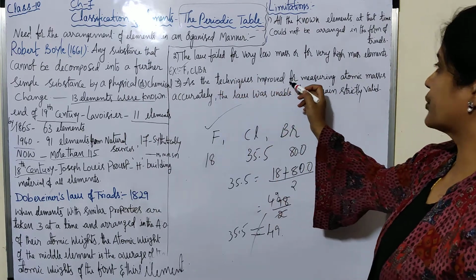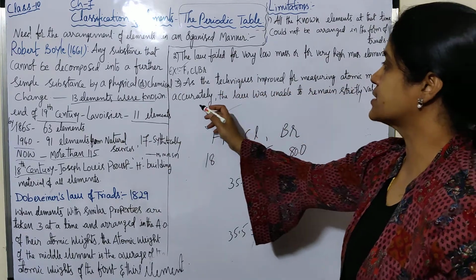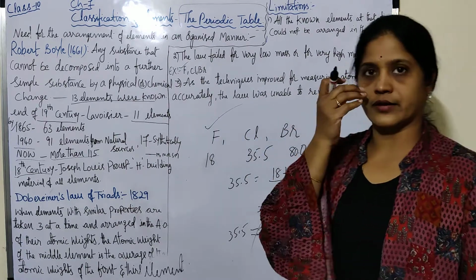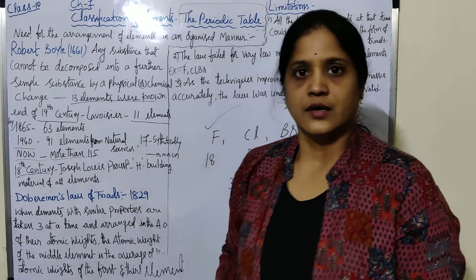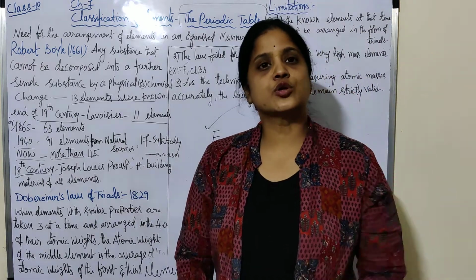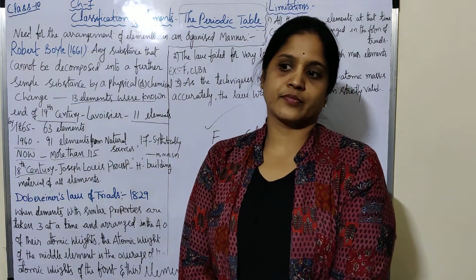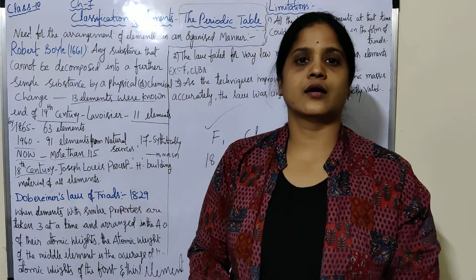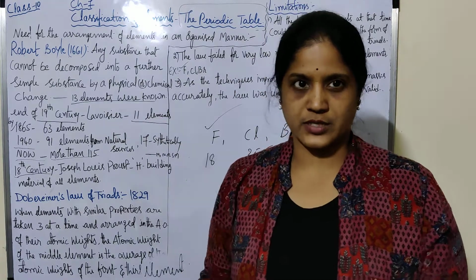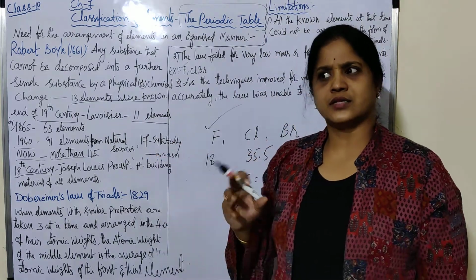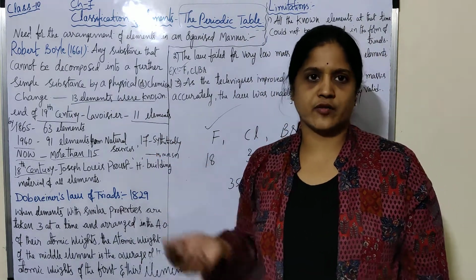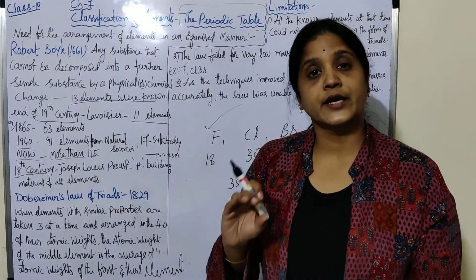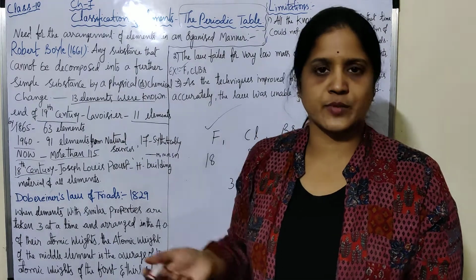Next: as the techniques for measuring atomic masses accurately improved, the law was unable to remain strictly valid. Earlier, there was no particular method to measure the atomic weight of an element. They were calculated approximately and taken as whole numbers, with no decimals.